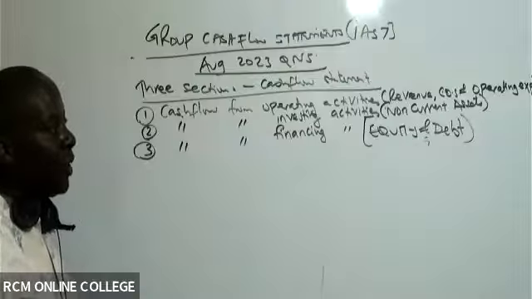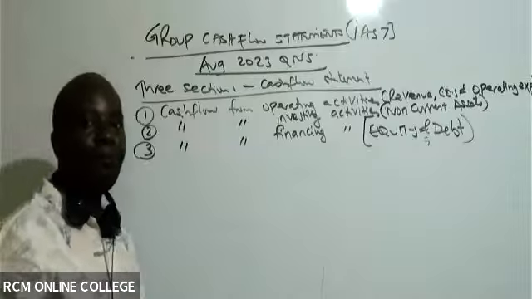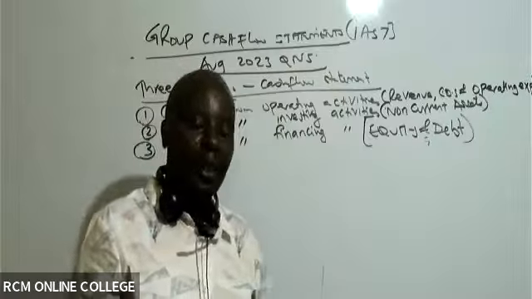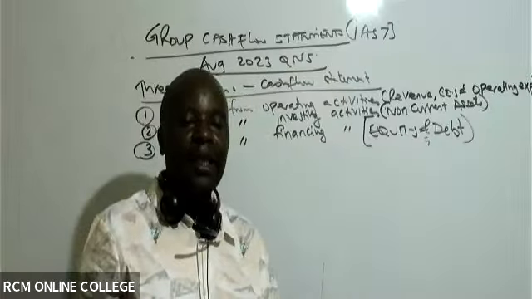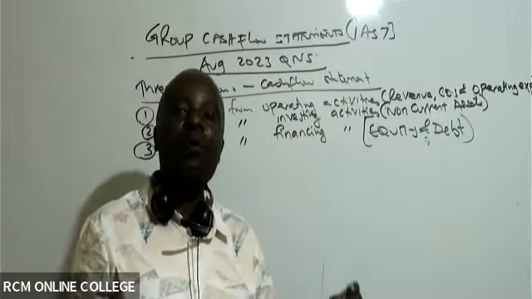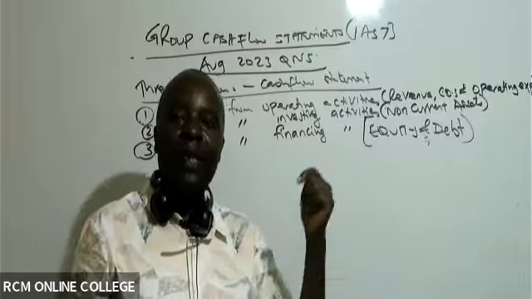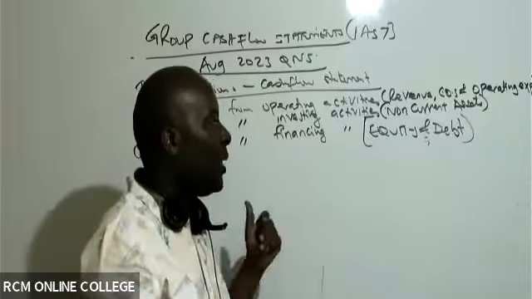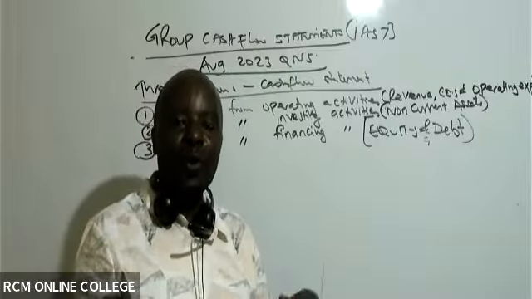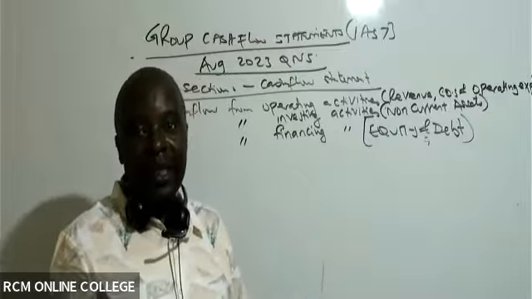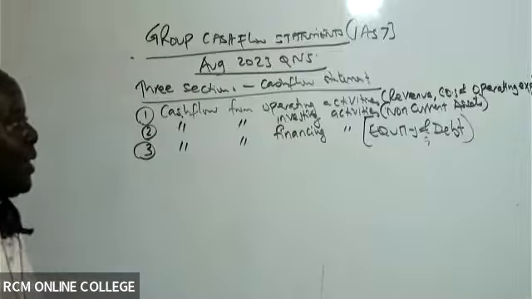So basically, we're looking at equity and debt. We shall be able to issue shares in the year. We shall be able to pay these people their dividends, and that will come here. We shall be able to issue or redeem debt instruments, etc.